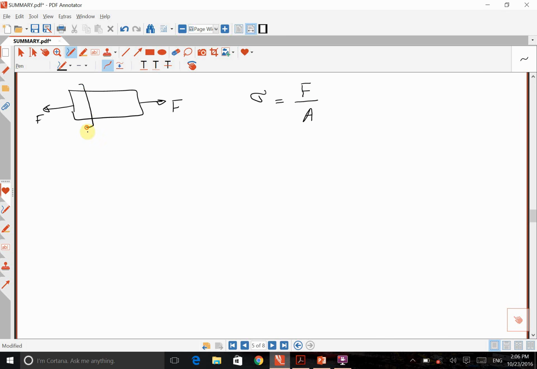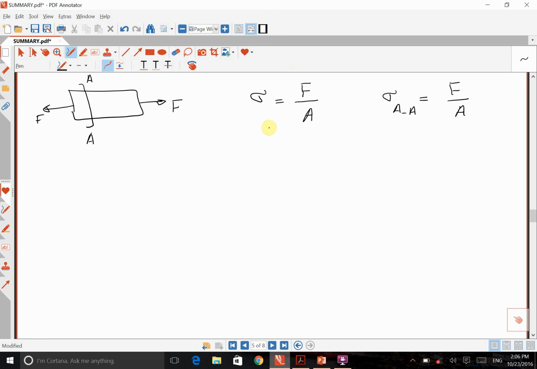If I make a section here, like section AA, stress at section AA can be represented as force over area.